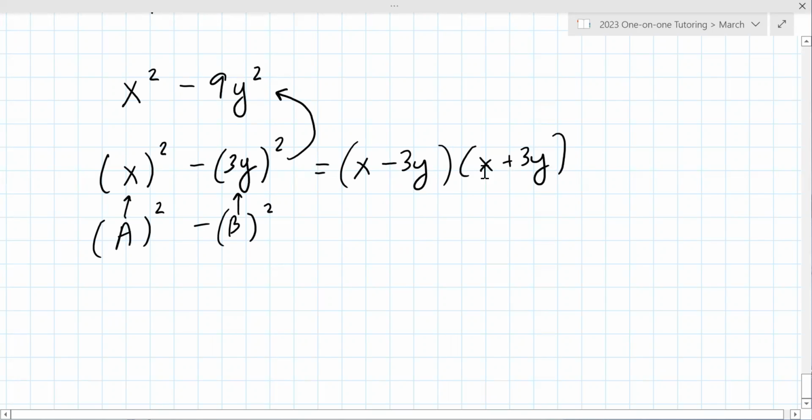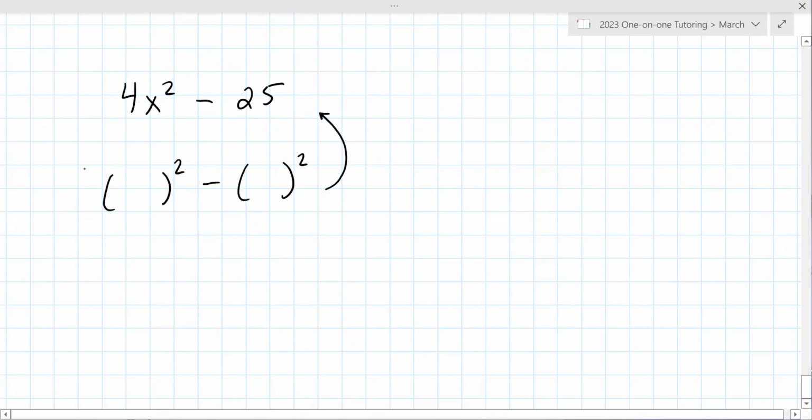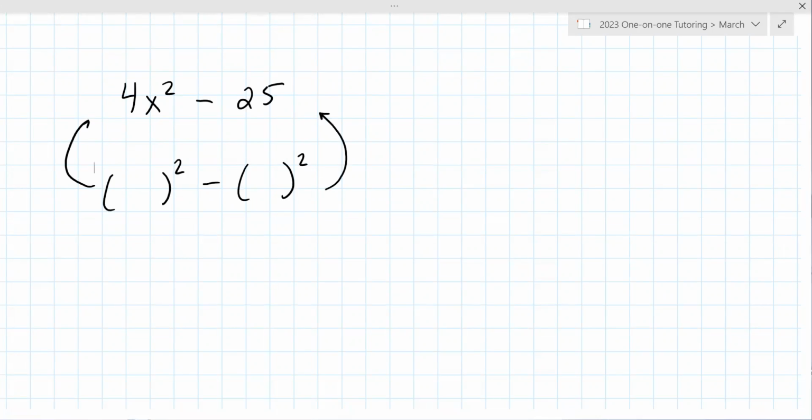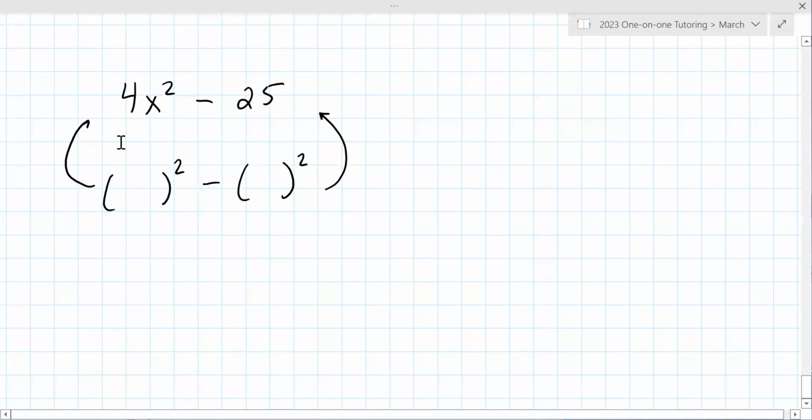Does that make sense? I think so. It just depends on if there's another variable tacked onto it. Now you're probably not going to see one with two variables, so let me back off that. You're probably going to see something more like this: 4x squared minus 25. You've got to figure out what squared minus what squared gets you back to the previous line. So how do you get back to 4?